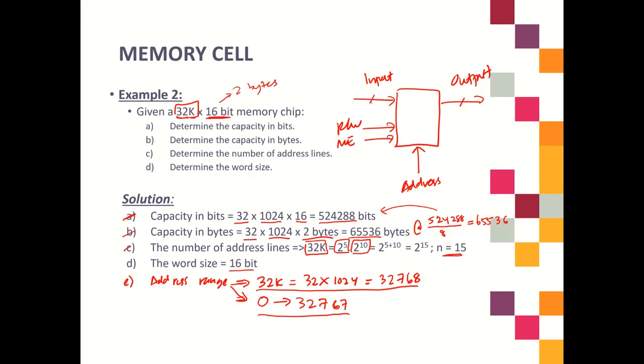Because the word size is 16, your input here is 16, and your address line is 15. So this is how you draw your memory diagram for this memory, 32K times 16-bit. Right, so I have already given you two examples of how you can calculate the values for your memory.